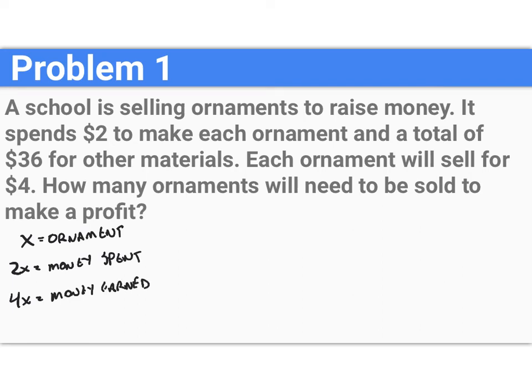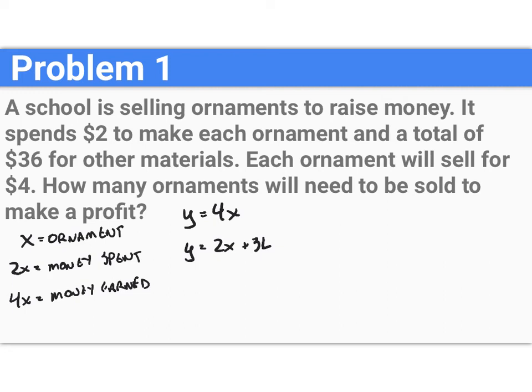It's hard to see how you have two separate variables or two equations out of this, but your first equation is going to be y equals 4x, because that will be your profits. Your second equation will be y equals 2x plus 36, which represents the money you spent. So you spent $36 on materials and $2 to make each ornament.